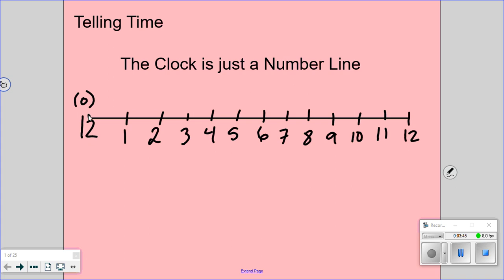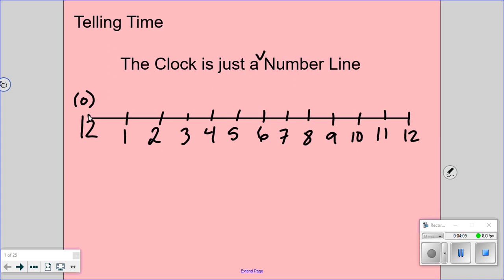We need to add a word in our sentence. Because a number line is typically very straight. But what makes the clock tricky is it's not a straight line, is it? So let's put a little caret in between the letter A and the word number. Because we're going to add in a word there.